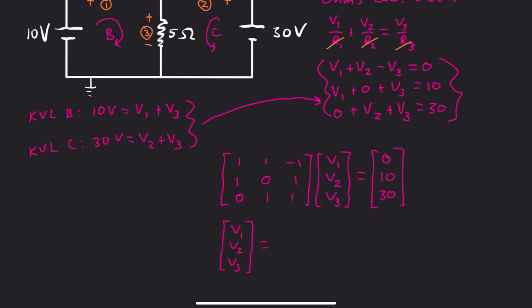And I get that my voltages are -3.3 for voltage 1, 16.7 for voltage 2, 13.3 for voltage 3. And those are volt units.